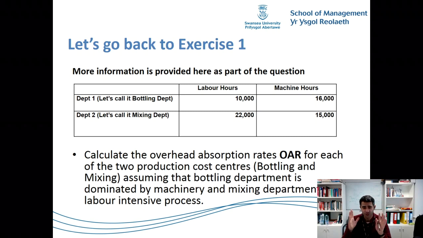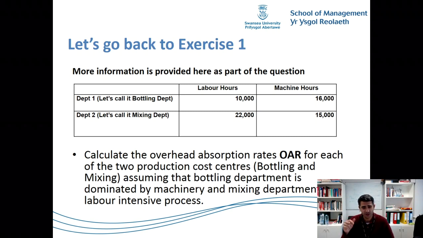So here we go. You just need to apply the formula. The total overhead cost for department 1, if you go back to the answers at the end, you'll see £158,000. You just divide it by the number of machine hours, 16,000.